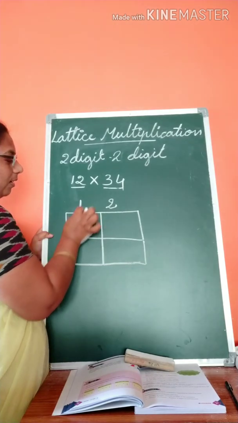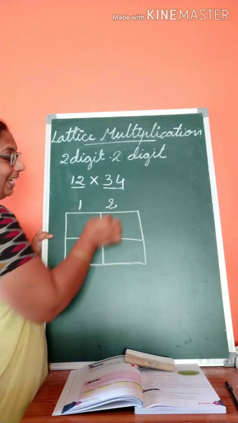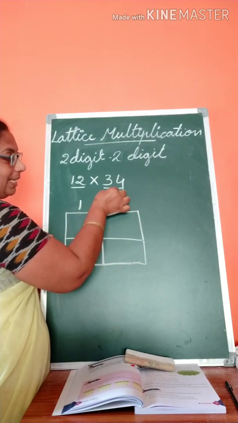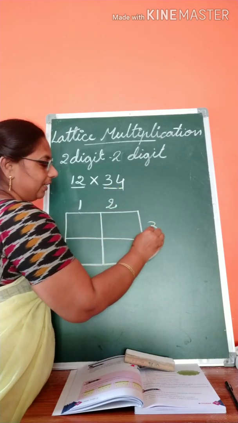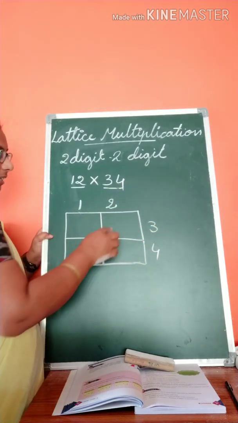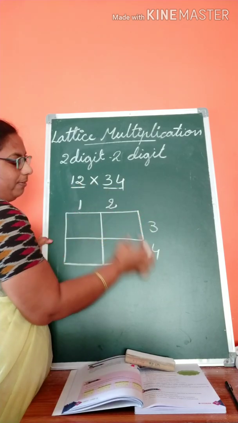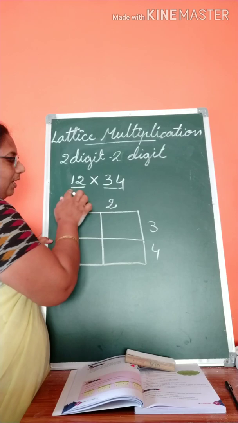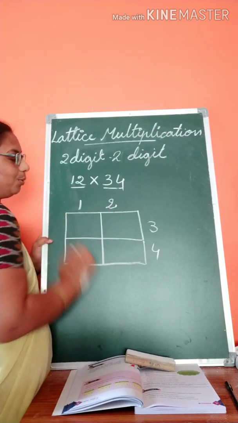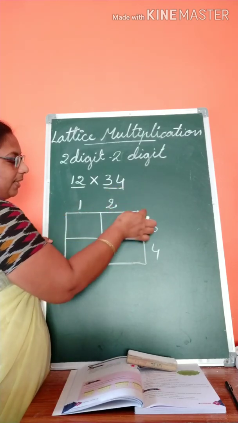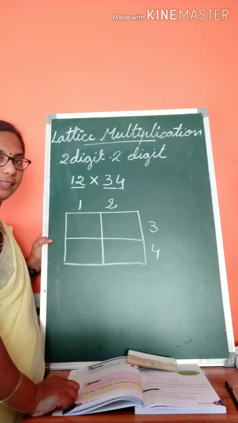Write 1 in one box and 2 in one box. And here the second number is 34. That you write vertically. One number we will write horizontally and one number we will write vertically. Here 2 digits are there, 2 boxes, and we wrote 2 digits here. And here 2 digits are there, we draw 2 boxes and we wrote like this.